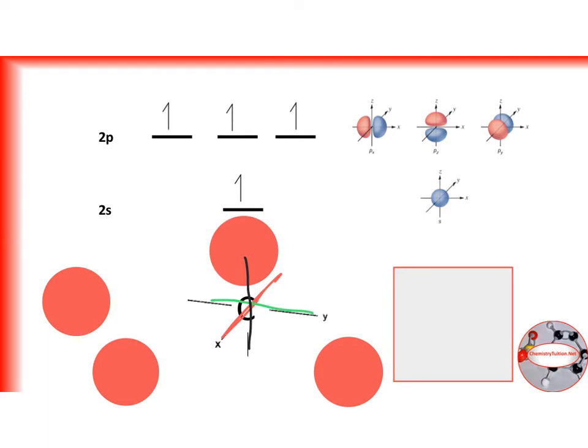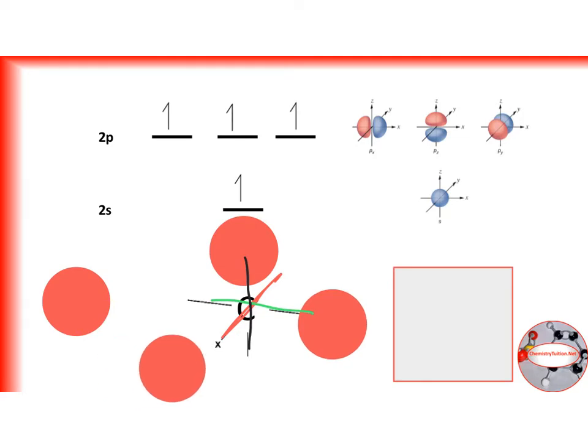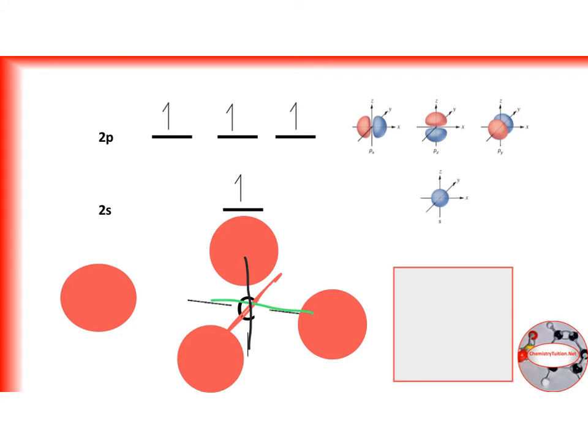We will also form a bond with the py orbital there, and with the px there. So we have 3 bonds, and they will all be at 90 degrees to each other because they lie along the axes there.